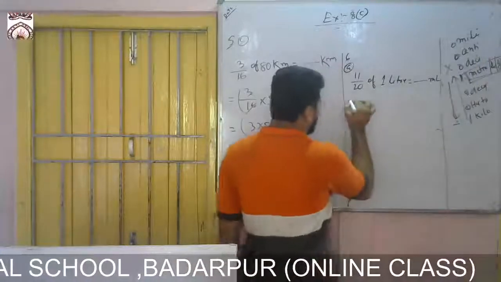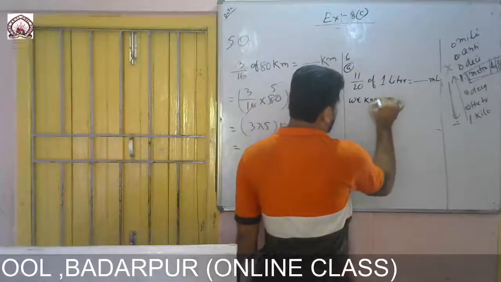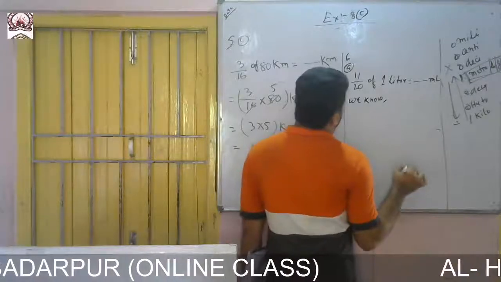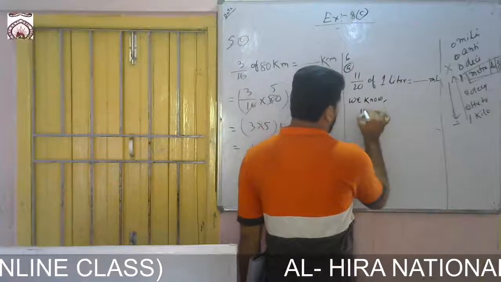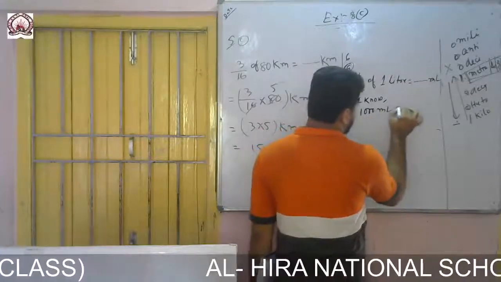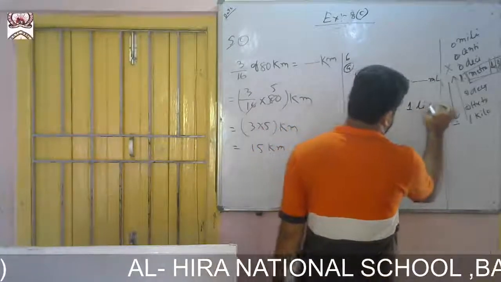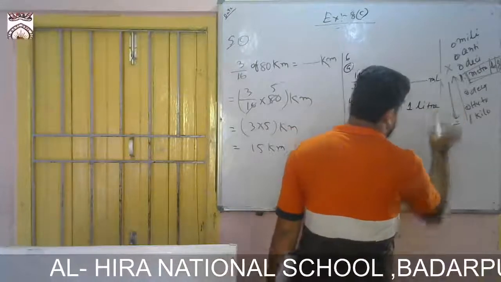We know 1000 milliliter equals to 1 liter.